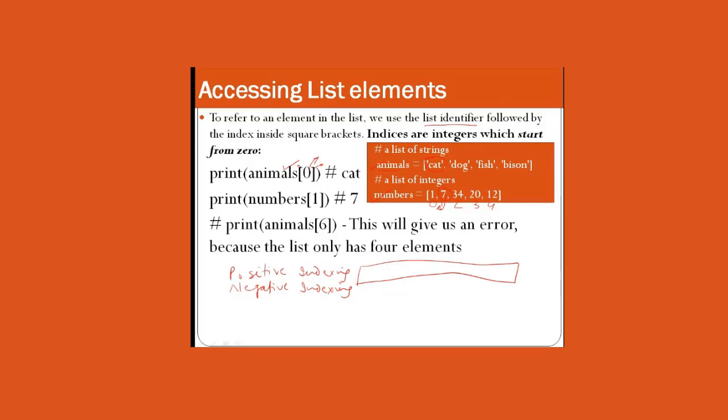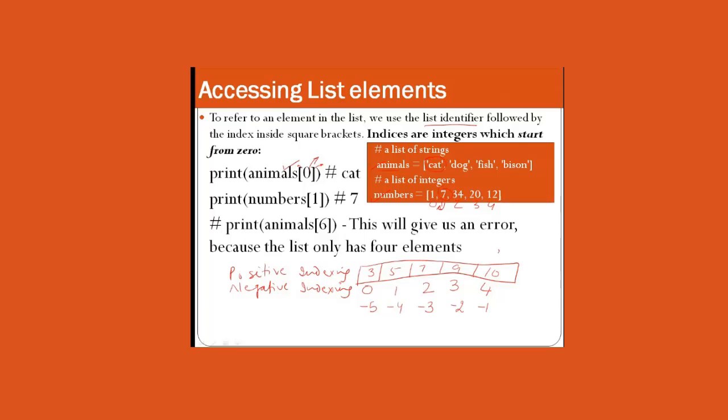Suppose any list we are taking in which we have stored some numbers. Suppose this is your list. This is your 0th element, this is your first element, this is your second element, this is your third element, this is your fourth element. Now take the negative indices -1, -2, -3, -4, -5.